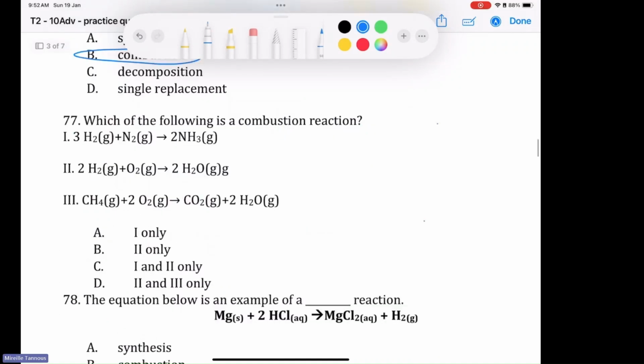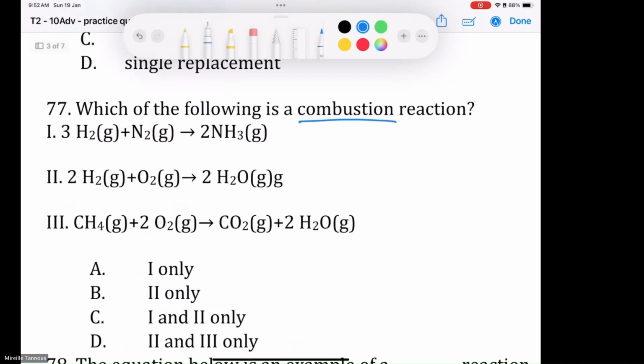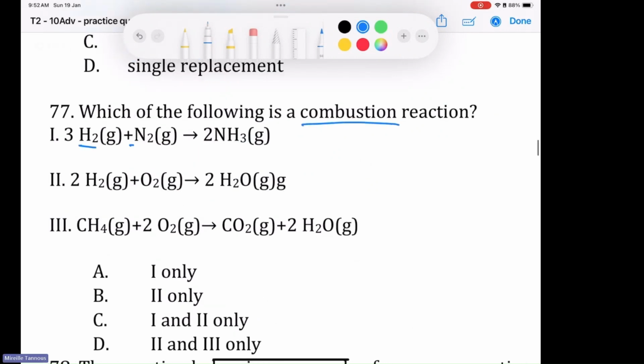Which of the following again is a combustion? Now, this is synthesis, not combustion, because none of the reactants is oxygen. One of the reactants must be O2 in order to classify it as combustion. Now, this is a synthesis.